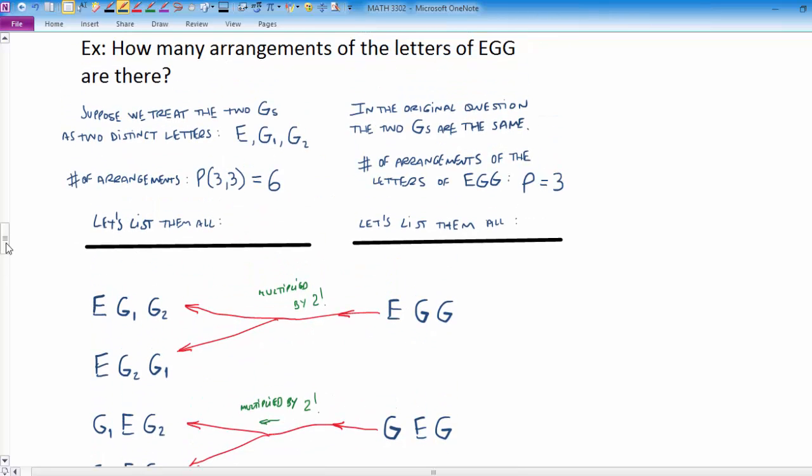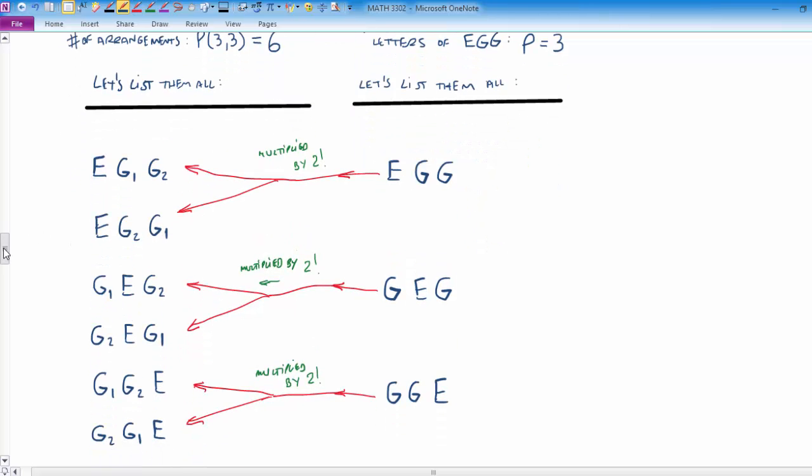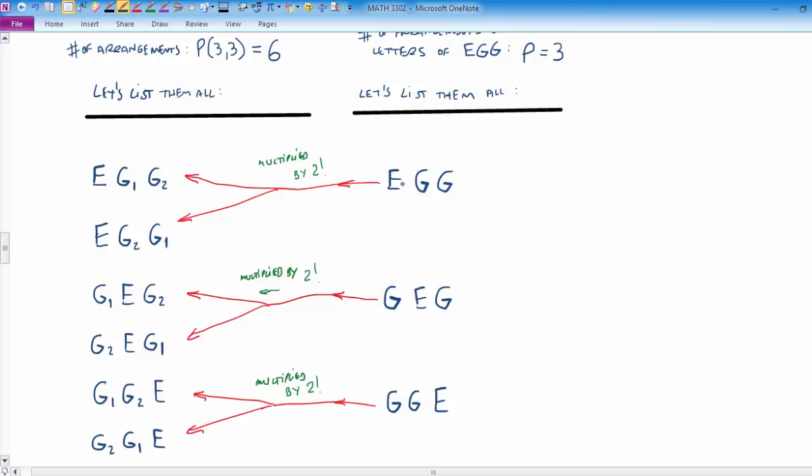And on this side is when we have the original question. We want to know how many arrangements of the letters of the word egg there are. We can see here that there are 3 of them: EGG, GEG, and GGE. And each one of those produces 2 permutations or arrangements when we make those repeated letters distinct.